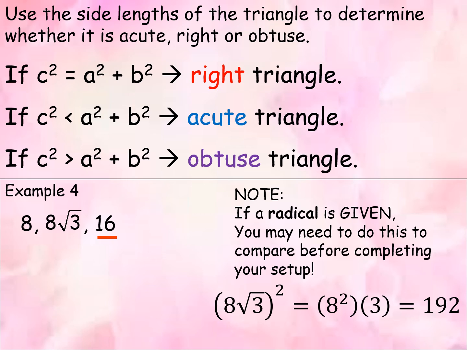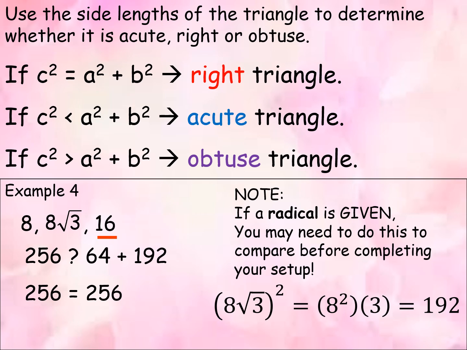So 8 squared is equal to 64, and 64 times 3 is equal to 192. So we ask, is 16 squared, which is equal to 256, equal to, less than, or greater than 64 plus 192? So 64 plus 192 is equal to 256. So therefore, the triangle is a right triangle.